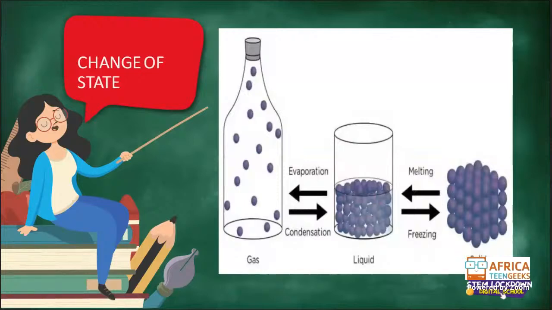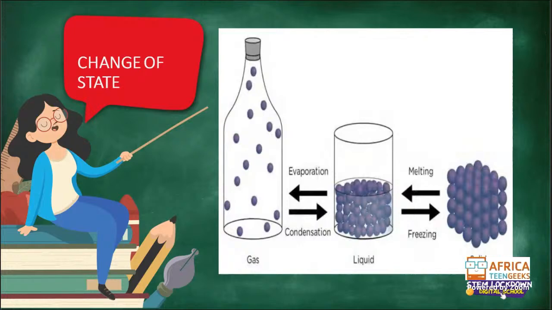Let's look at this diagram, change of state. Okay. From my far right, we have got what? Solid. Now you see that the particles are so close. Okay. Now when we apply heat, the top arrow says melting.